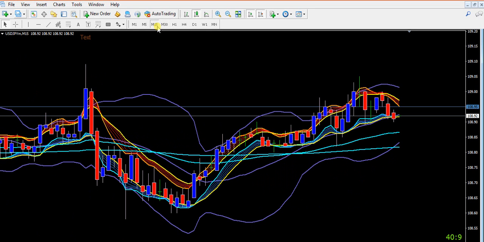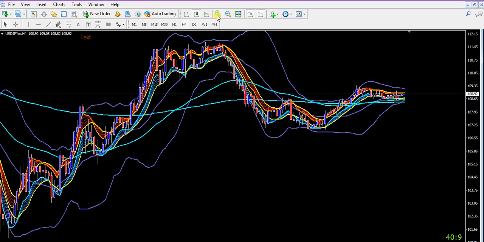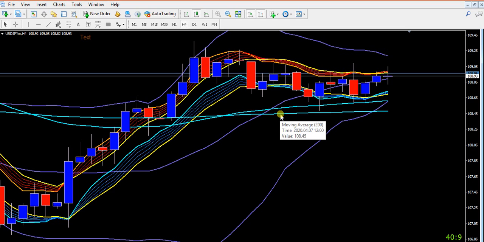Okay, so USD/GPU in this time frame, according to the 4 hour chart. Let me make a picture of this one. According to the 4 hour chart, the price is still above the moving average 50, and then above the moving average 200.